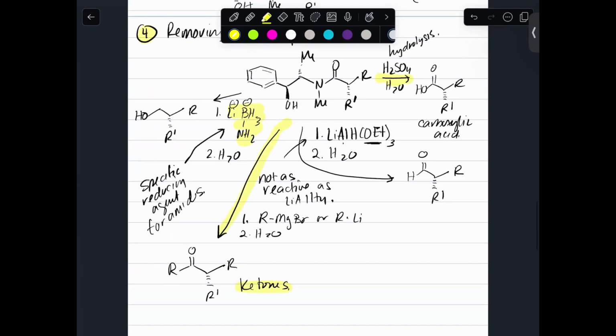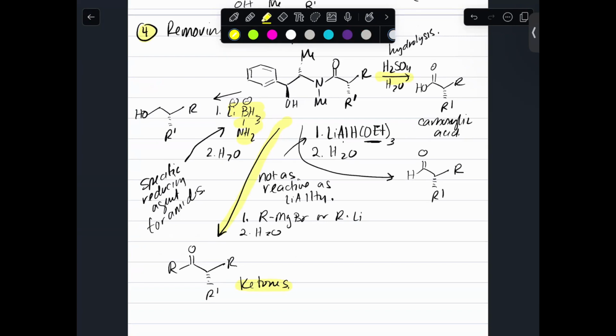If you remember, in the Evans oxazolidinone lecture, we had to go through a Weinreb amide. We needed to go through a 5-membered chelate, right? Luckily for us, despite the fact that this isn't a Weinreb amide, there's an oxygen there that can chelate and can form a ring with our Grignard or our alkyllithium, and it avoids the Grignard and the alkyllithium adding twice to form a tertiary alcohol.